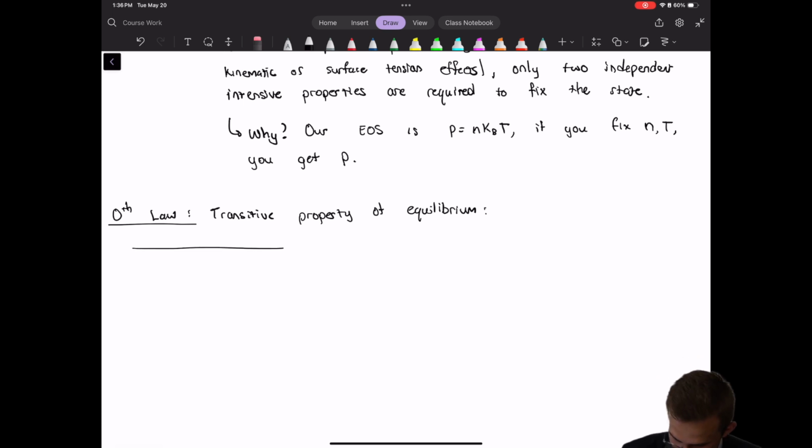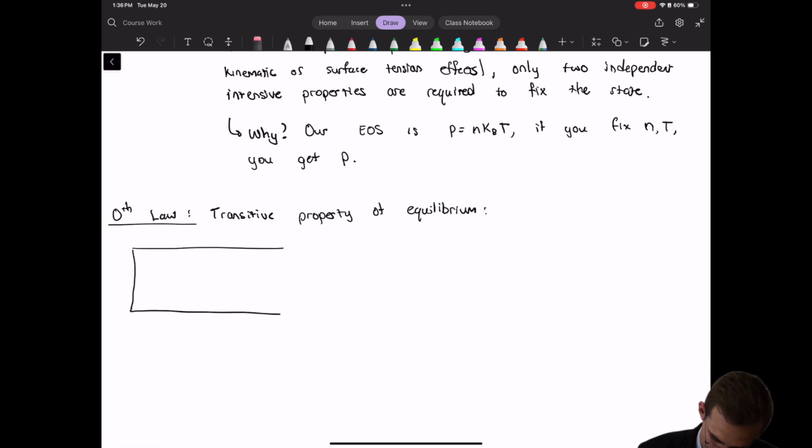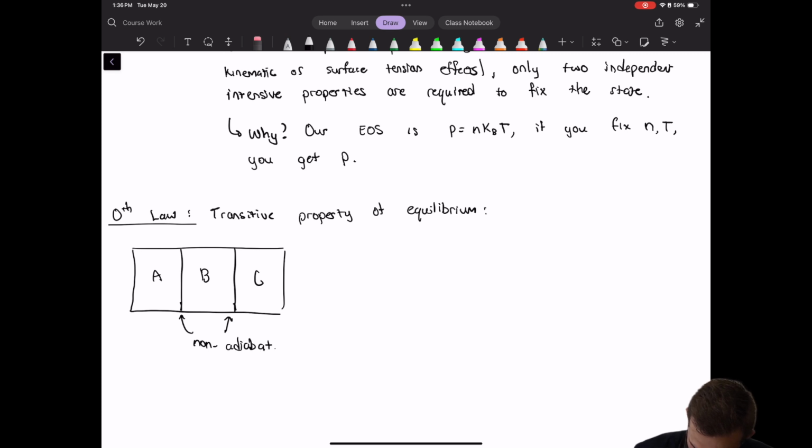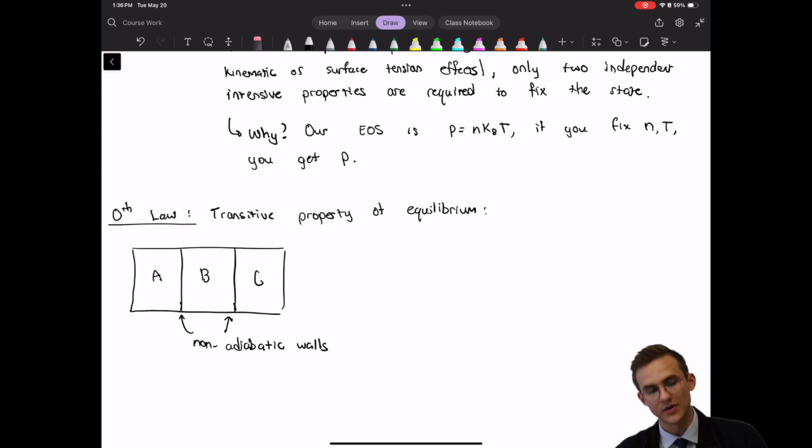Let's say that we have these three systems in contact with one another, System A, System B, and System C, and the walls between the systems are non-adiabatic. In other words, they allow heat to transfer between the systems.